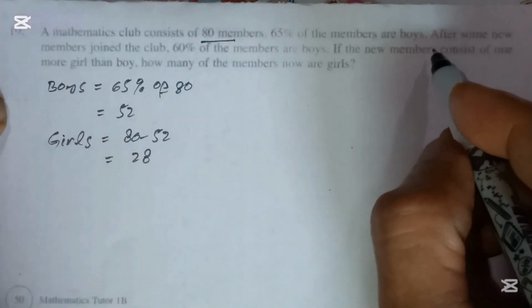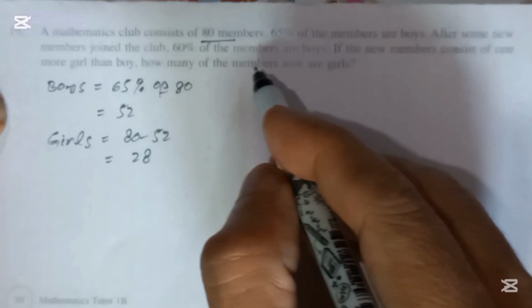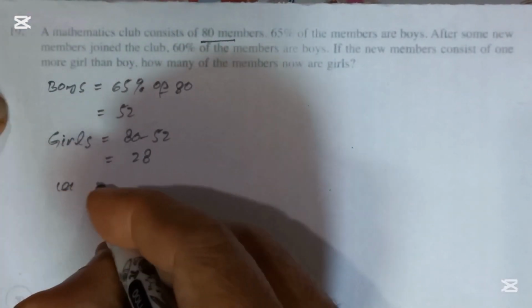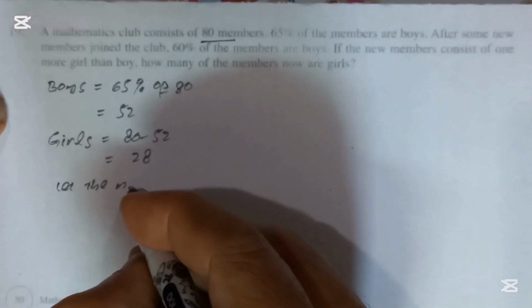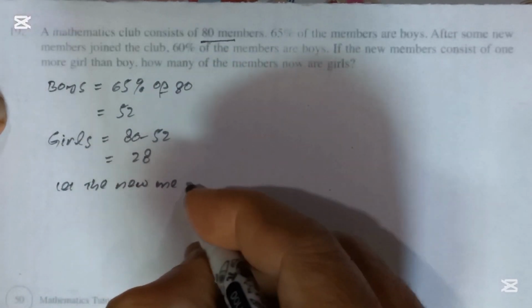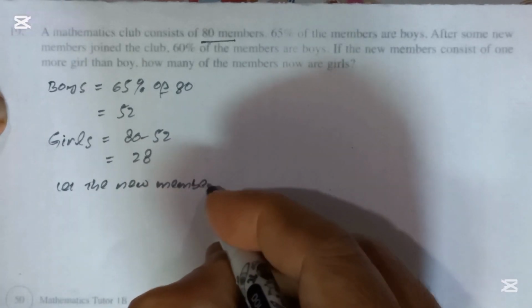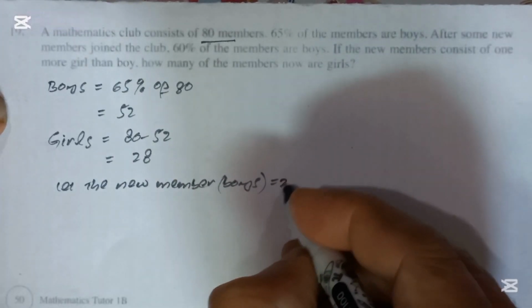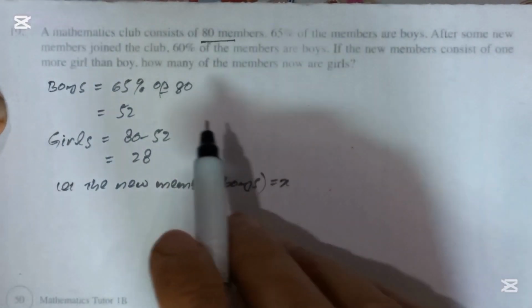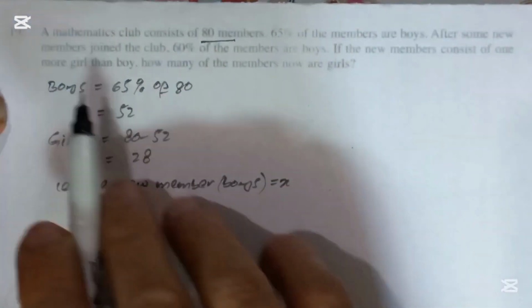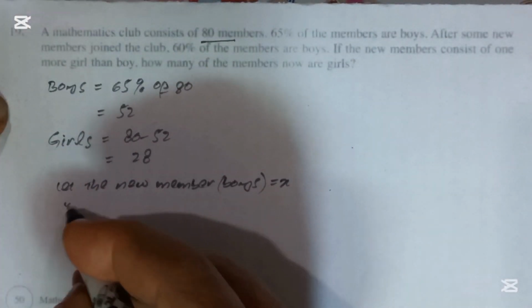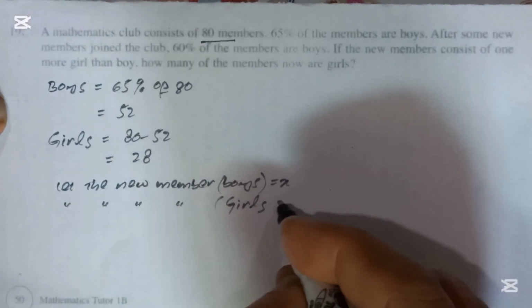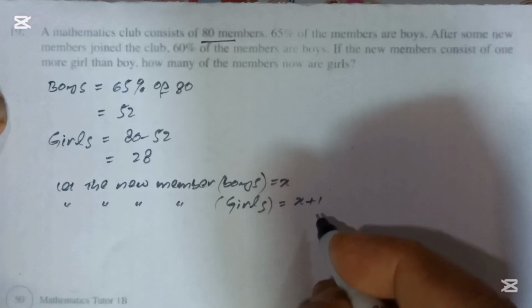So now suppose after some new members joined the club, 60% of the members are boys. Let the new boys be x, and clearly it is given that the new members consist of one more girl than boys, so the new girls will be equal to x plus 1.